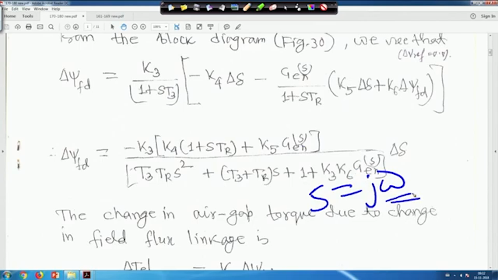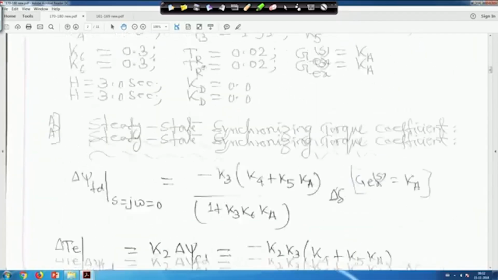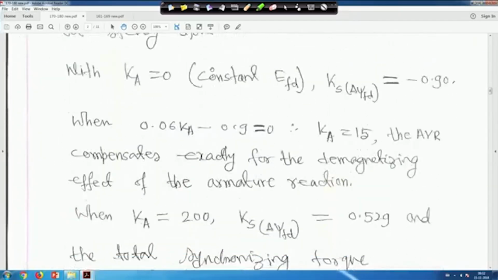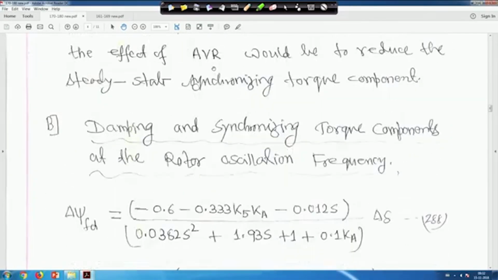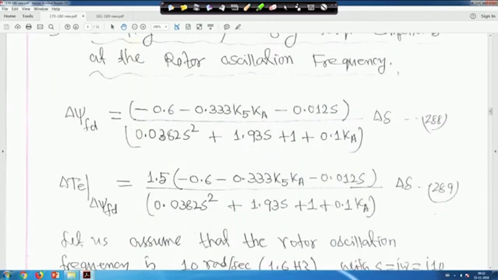If you do so, your function will look like this. Delta psi FD will become minus 0.6 minus 0.333 K5 Ka, because Gx(s) is equal to Ka, minus 0.012 S divided by 0.0382 S square plus 1.93 S plus 1 plus 0.1 K delta. This is equation 288.